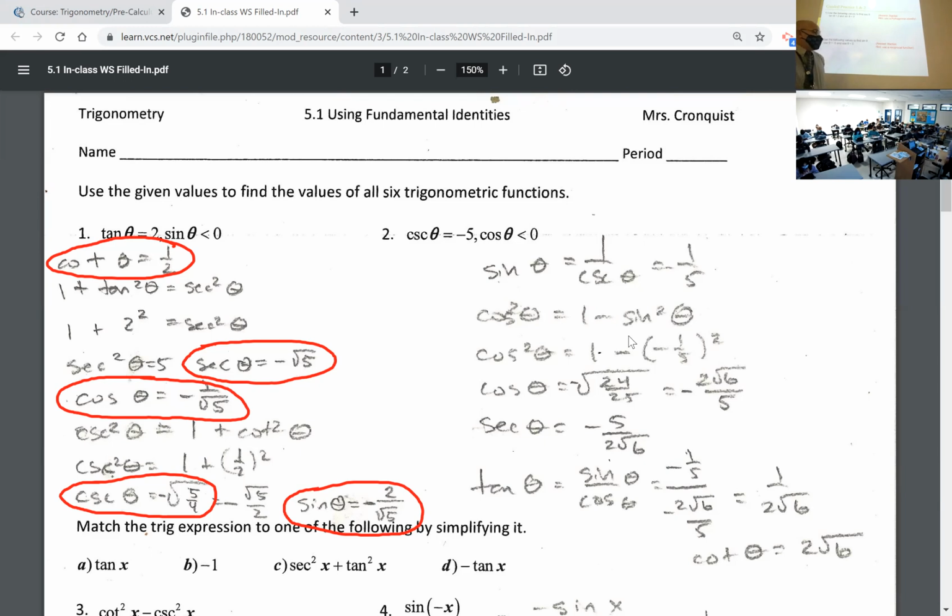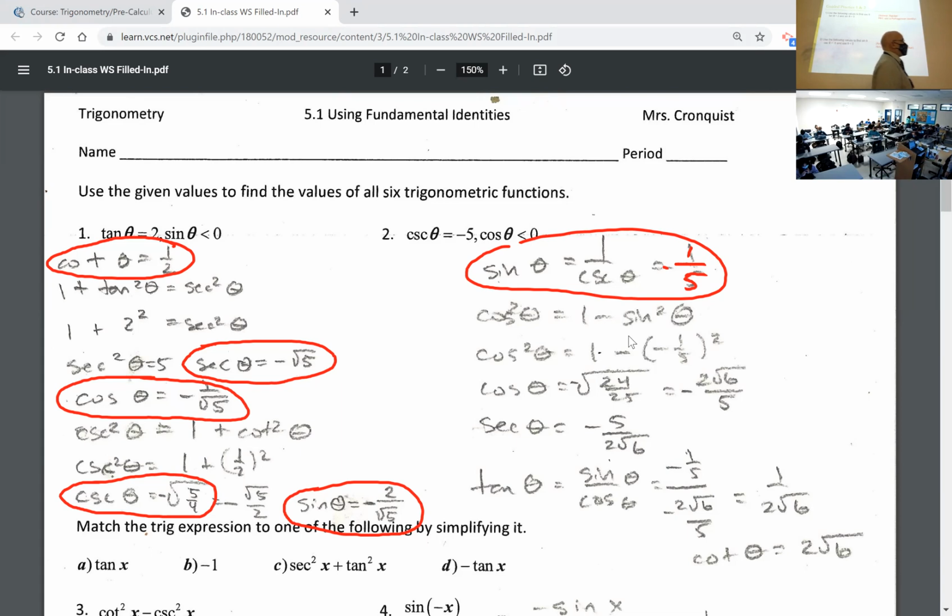All right, number 2, sine is equal to the reciprocal of cosecant. So sine is easy. Sine is equal to negative 1/5. It looks like it's hard to see the negative there. Then I can use my Pythagorean identity. Cosine squared is equal to 1 minus sine squared.